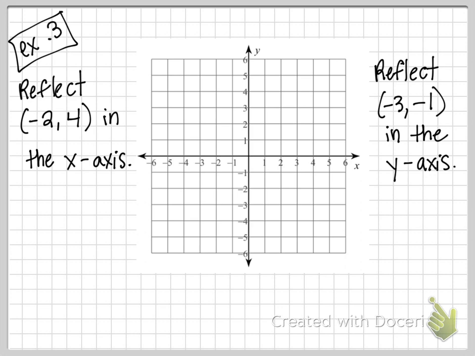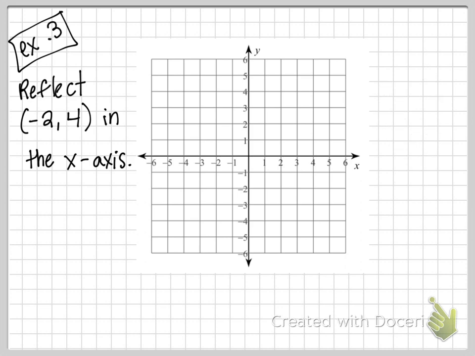First, we find the point, negative 2, 4, which is right there. Good. Okay, now we need to reflect it. I'm going to write the coordinates in the x-axis. So find our x-axis, which is here. So we need to reflect it.